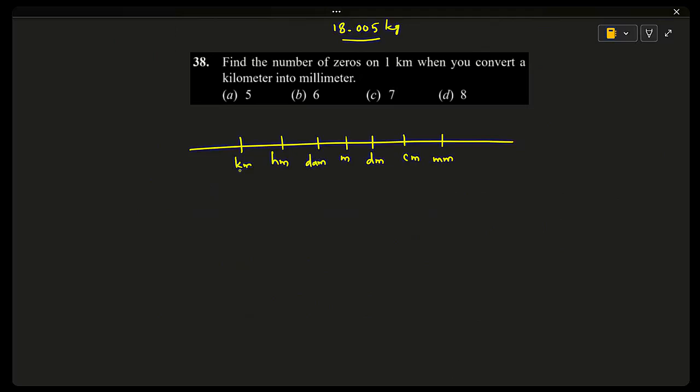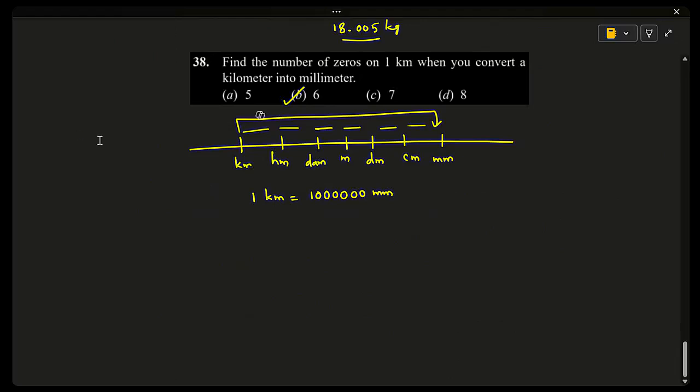We are converting kilometer to millimeter, so we are going towards the right. How many steps are we going right? 1, 2, 3, 4, 5, 6. So we need to multiply by 1 followed by 6 zeros. To convert 1 kilometer to millimeter, it is 1 followed by 6 zeros, that many millimeters. So the option is B. How many zeros are there? 6. Everybody needs to remember this chart.